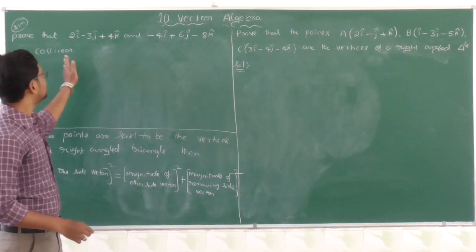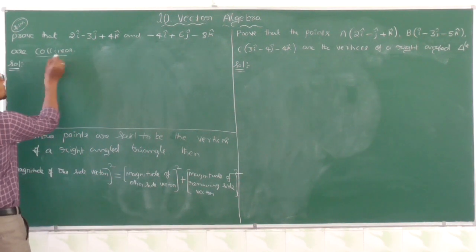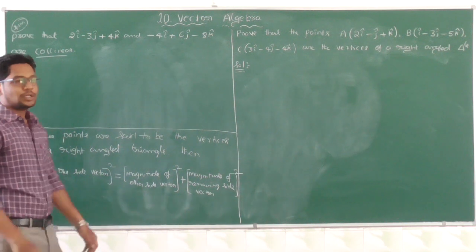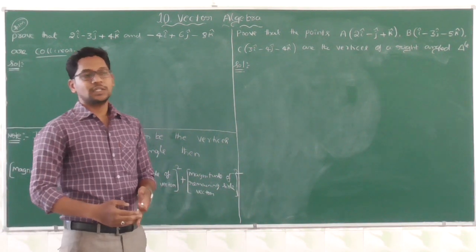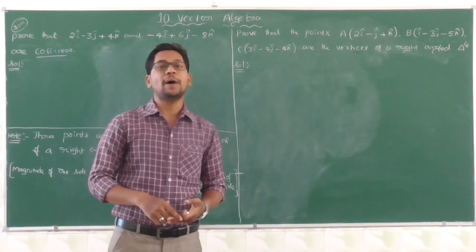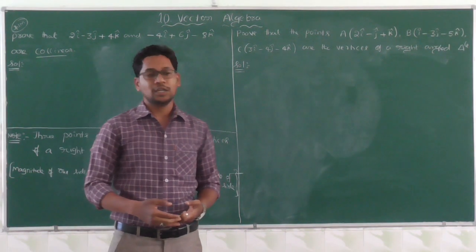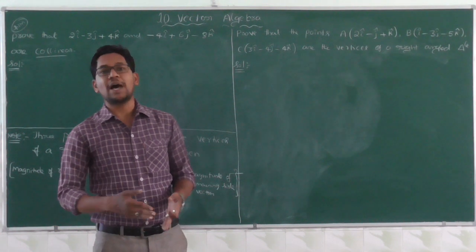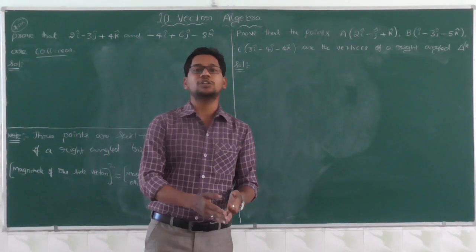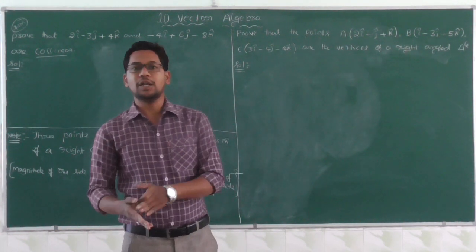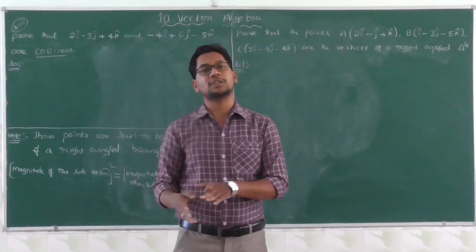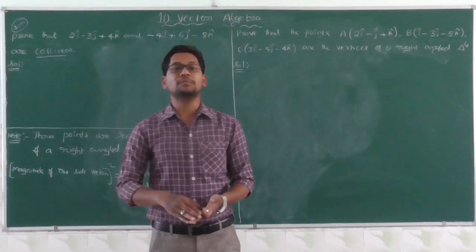Here, for proving collinear vectors, I am going to use the condition related to parallel vectors. In our previous class, I told you that two vectors are said to be parallel or collinear, and for both we take the same condition.